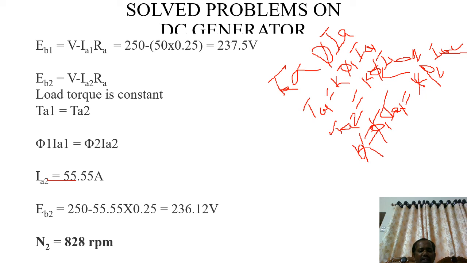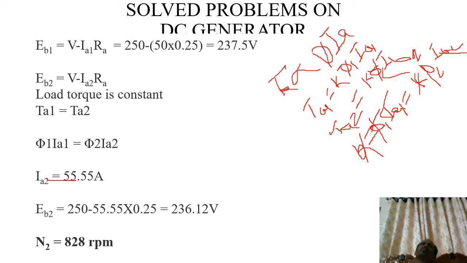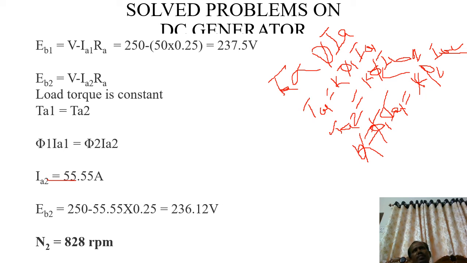So you are calculating this. You know the value of EB1, you know the value of EB2, but you don't know the value of N2. You know N1 also. Therefore, EB1 by EB2 is equal to N1 by N2. You can solve the equation, then you will get N2 is equal to 828 rpm. Because EB is equal to phi Z N by 60 into P by A, some terms are constant.